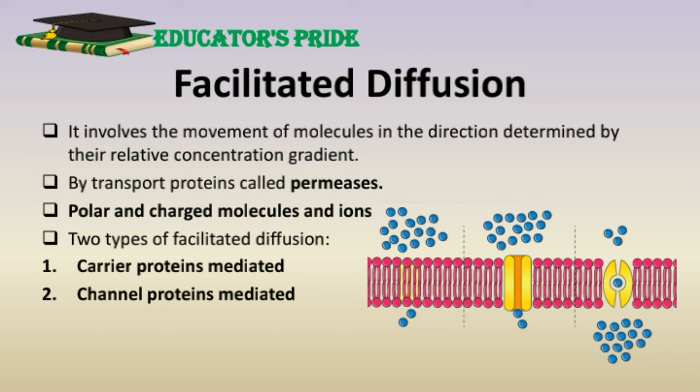For example, polar and charged molecules such as carbohydrates, amino acids, nucleosides, and ions cross the lipid bilayer by facilitated diffusion. Facilitated diffusion is of two types, depending upon the type of transport protein. First, carrier protein mediated, and second, channel protein mediated.